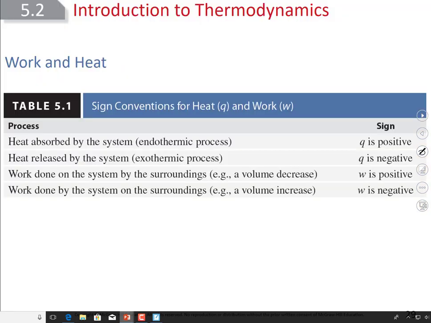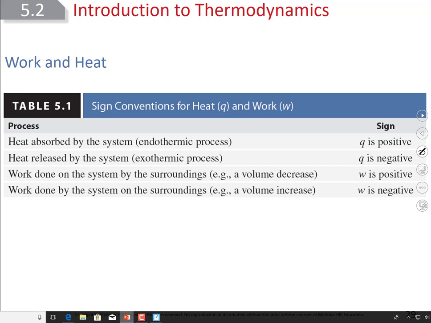So if we summarize this in a table, this table on top of page 194 summarizes that if heat is absorbed by the system, you have an endothermic process, your Q will be positive. If heat is released, your Q will be negative. Now, the question is not going to say your heat is negative 25 joules. The question would say the system released 25 joules of heat.